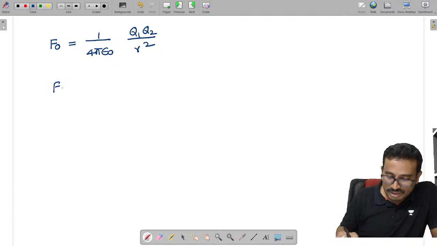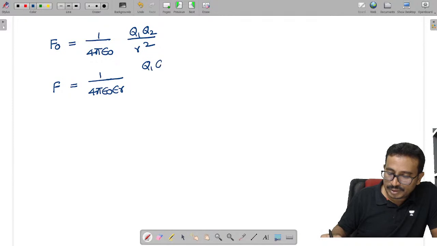And what about this F, you tell me here? 1 by 4 pi epsilon naught into epsilon R, Q1 Q2 by R square.